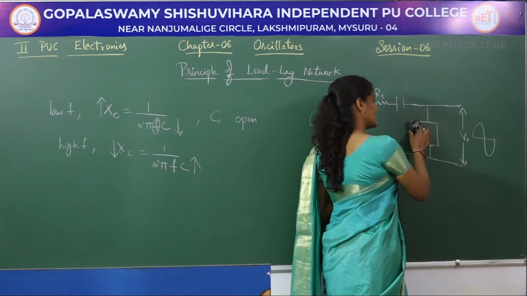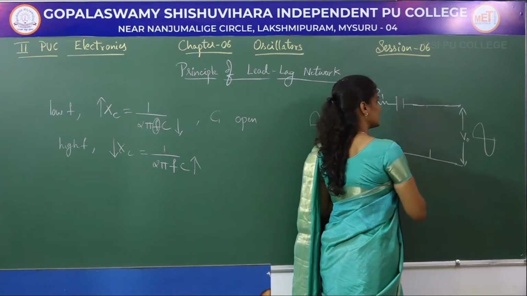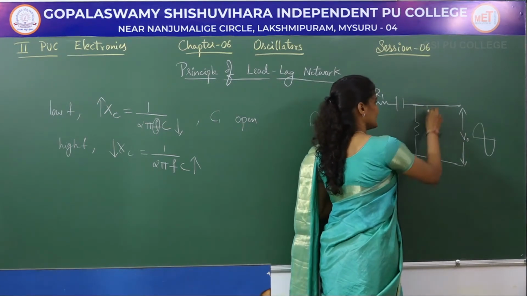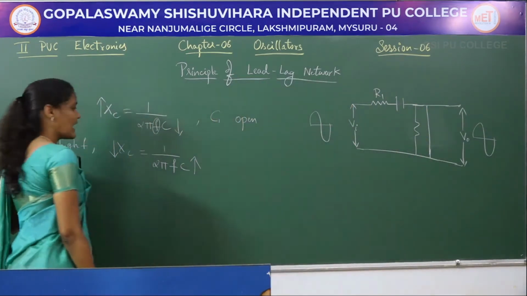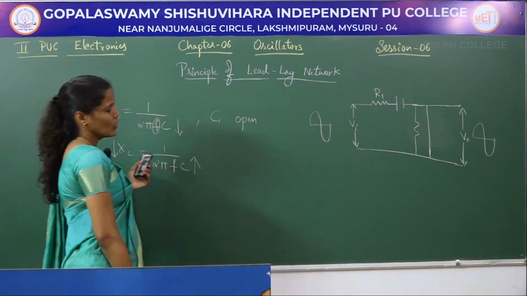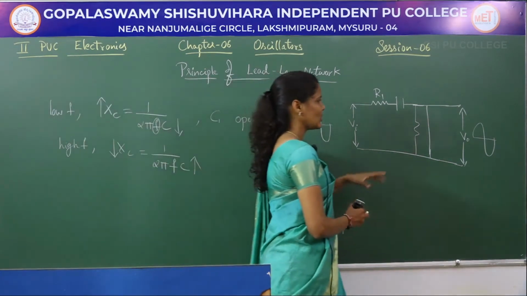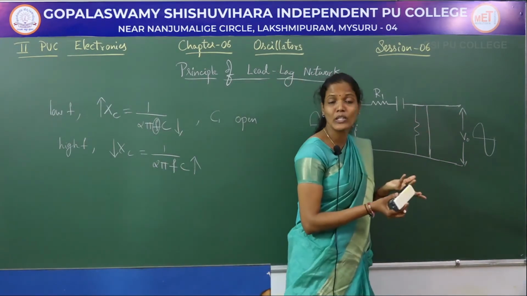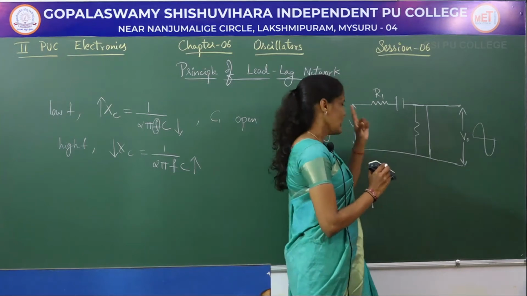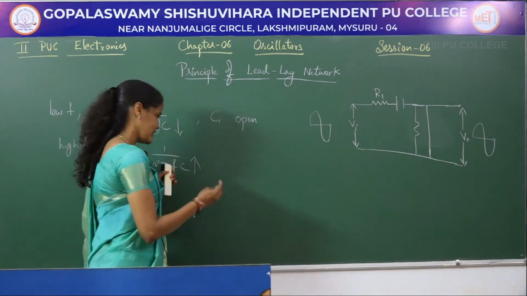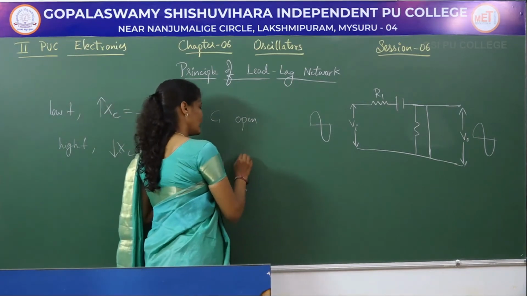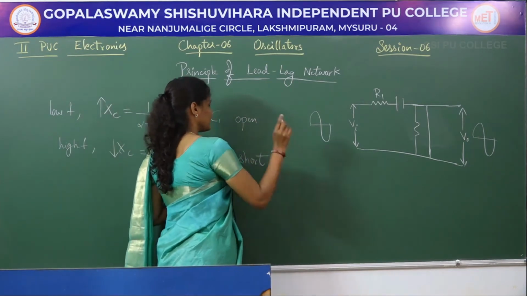R2 is there, and C2 now acts like a short circuit for high frequency signals. When there is a short circuit, the voltage across it will be equal to 0. So for high frequency signals also the output will not be generated.